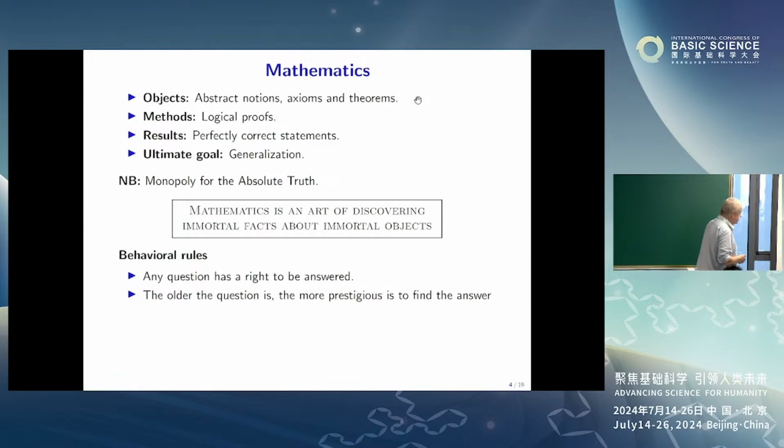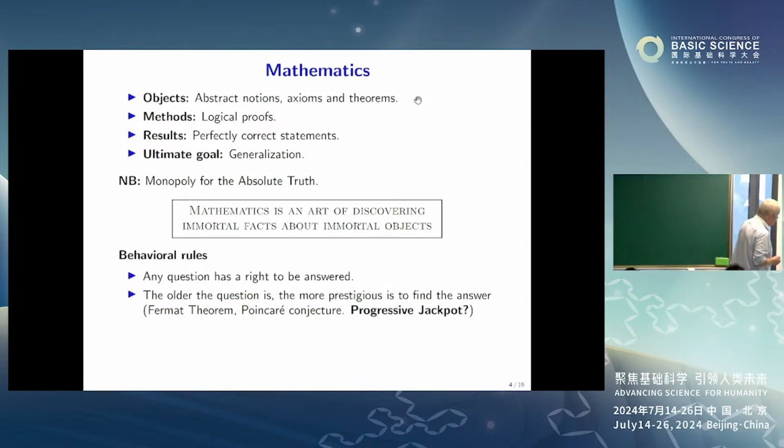Now, question more prestigious is, so we know all this story with Fermat, with conjecture. The problem is to find the answer, and therefore, actually, many important problems remain.